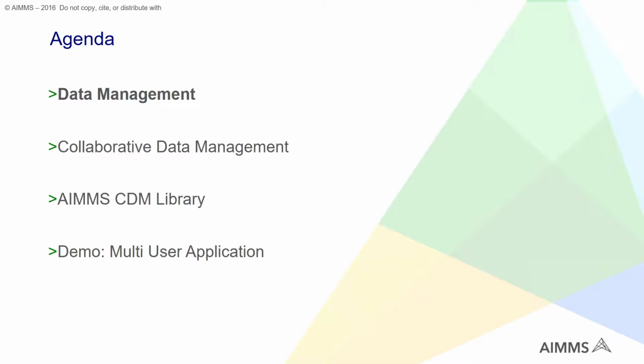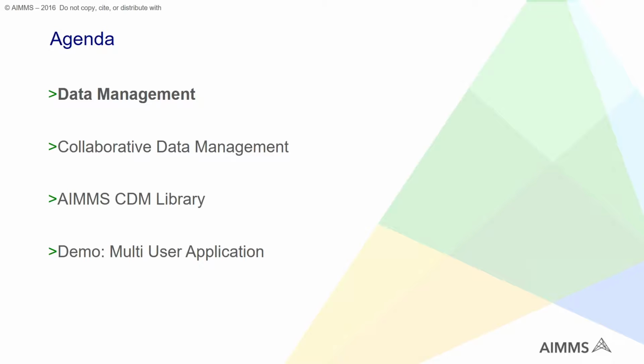In today's agenda, we will start by taking a look at what drove us to creating the collaborative data management library by reviewing some obstacles we had in data management. Then we'll move over to discussing what we want to achieve and what was our drive creating the collaborative data management library.